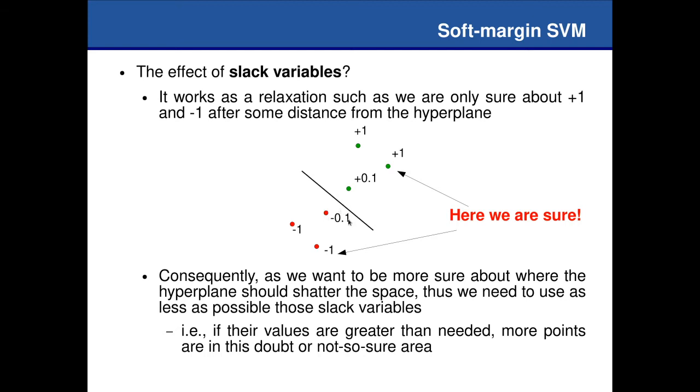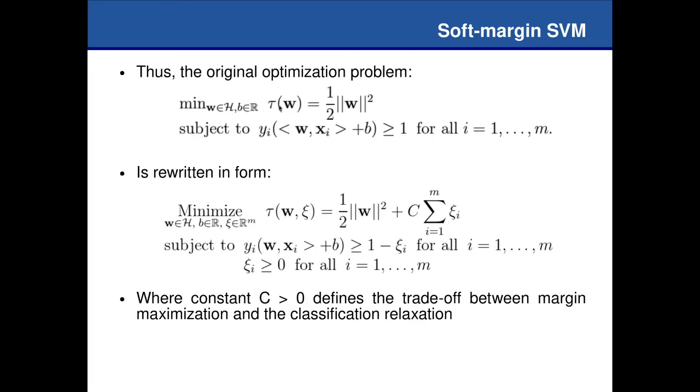That's why they are greater than -1 or smaller than +1, because they are closer to the hyperplane. Okay, in this original problem, I had the hard margin problem, and I have to rewrite it by adding my psi i.